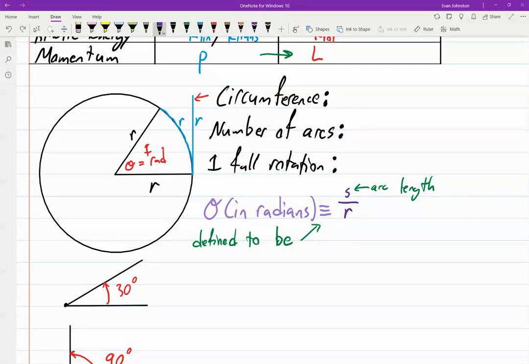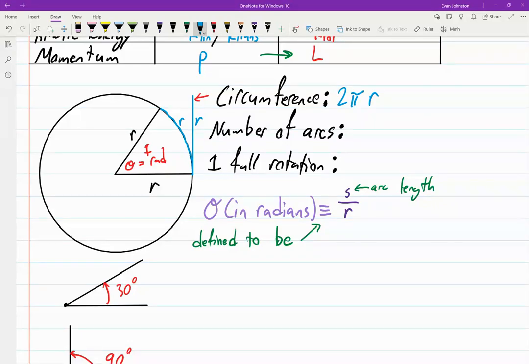It turns out that if you counted how many arc lengths of radius R, how many of these blue lines essentially it would take to go the entire circle in length, to go all the way around, it would turn out to be 2 pi, that many, 2 pi many R's. So pi is this number, it's 3.14.